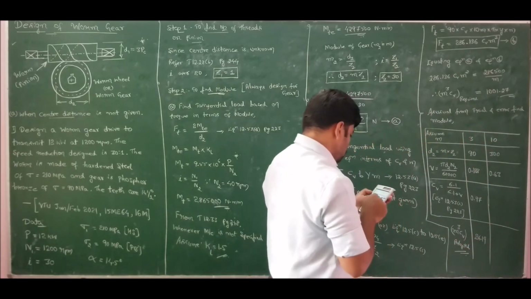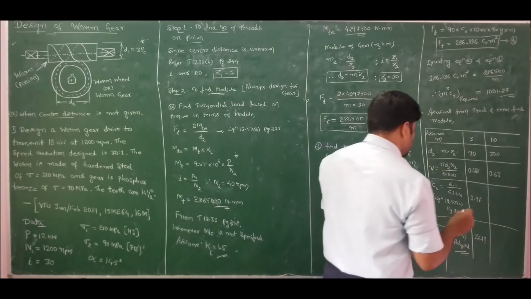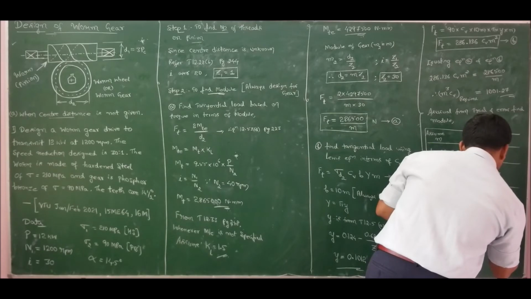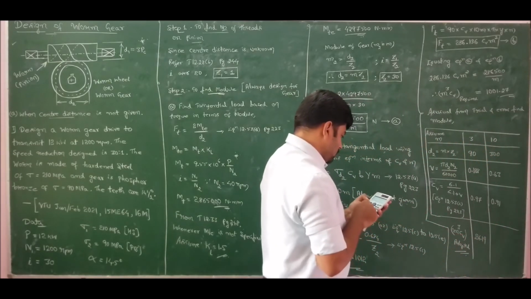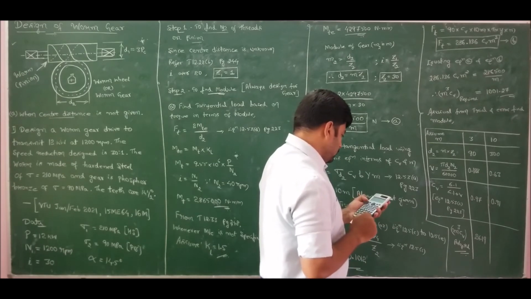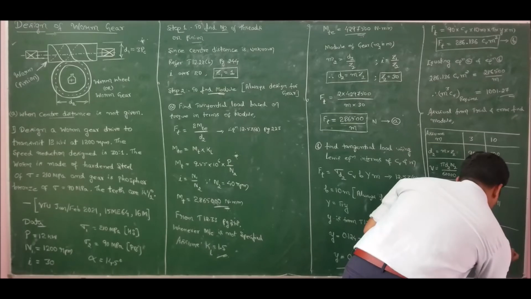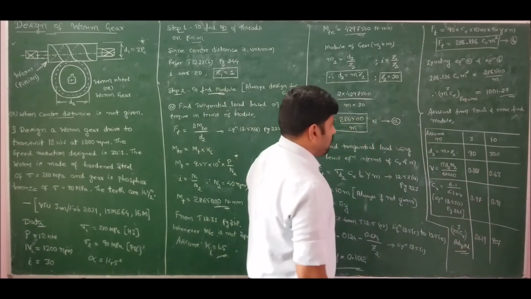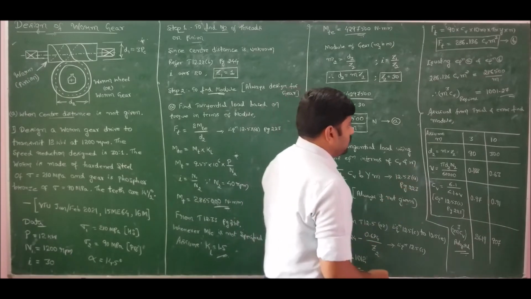Therefore, CV will become 0.91. So 10 cube into 0.91 is turning out to be 907. So we are approximately near to 1000. Therefore, the next higher value will give us the answer.